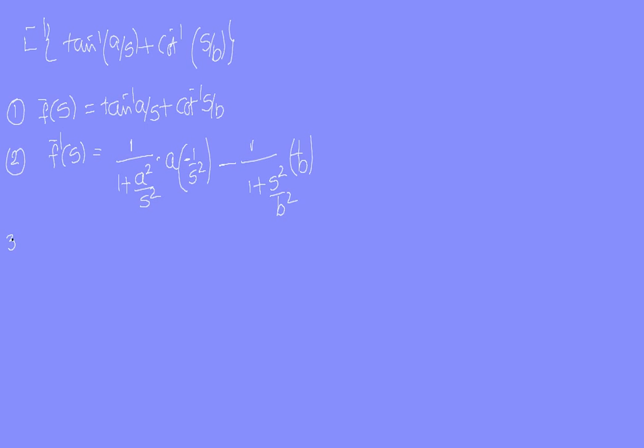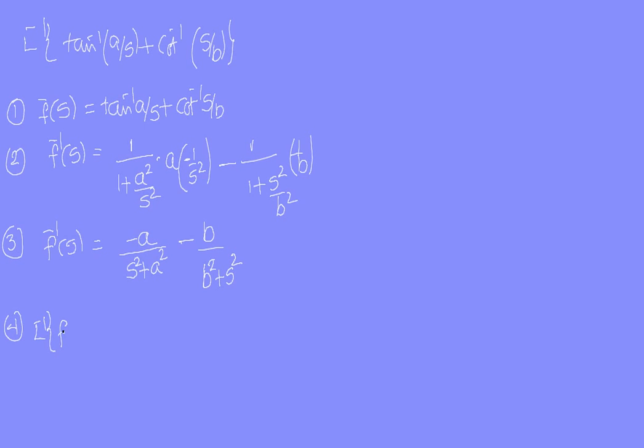Third step, this f dash of s you simplify. The denominator is s square plus a square, the numerator has s square, so s square gets cancelled, and you are left with minus a by s square plus a square. Then b square in the numerator and b in the denominator, so the numerator is left with b by b square plus s square. Next is applying the L inverse.